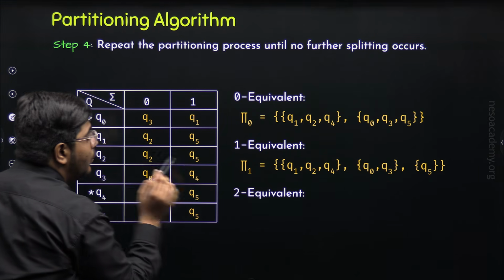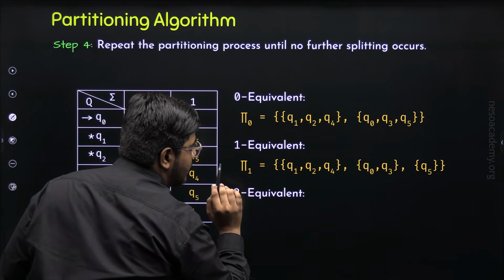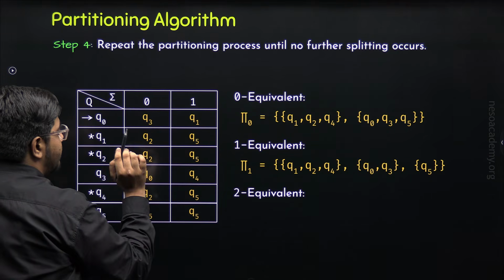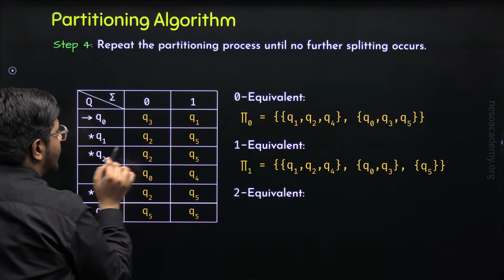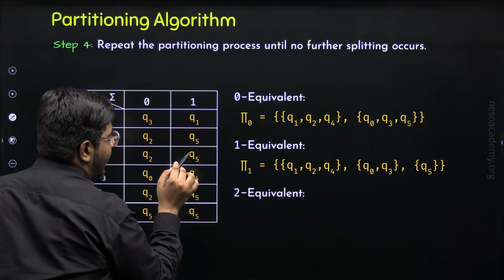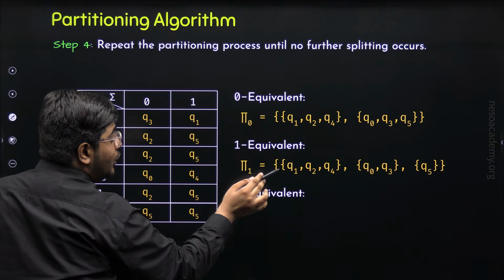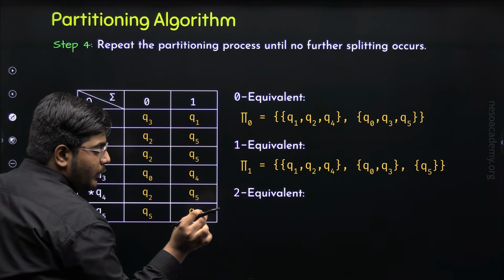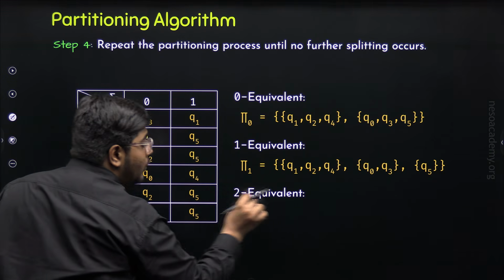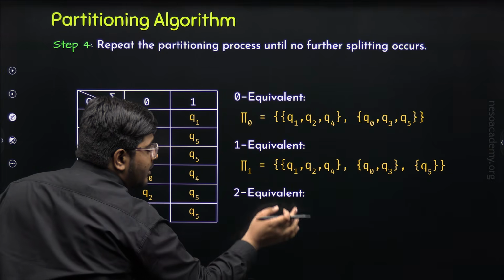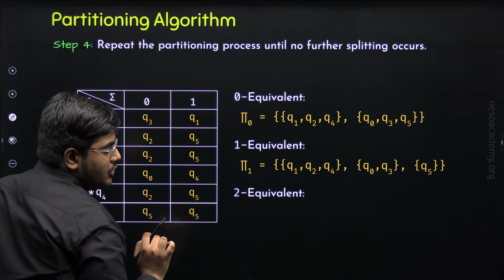Now Q2 and Q2 both belong to the same partition. Let's check for the input symbol 1. Q1 and Q2 give Q5 and Q5, again belonging to the same partition, which means Q1 and Q2 are equivalent to each other, and in the 2 equivalent also, they will remain together under the same partition.